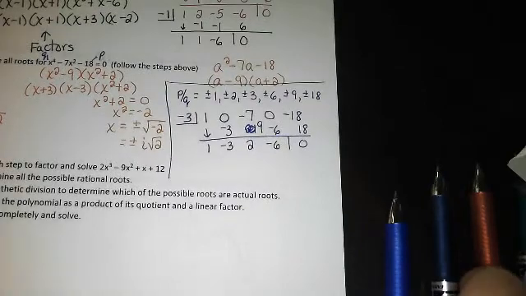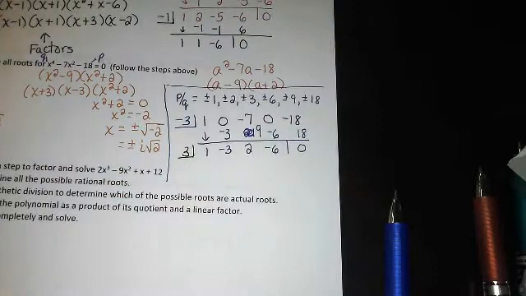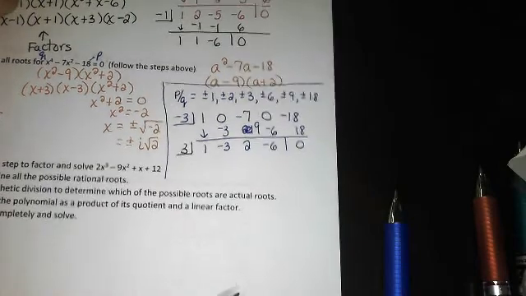And we found out from our calculator that positive 3 was also one of the zeros. So I'm going to divide by positive 3 now. I want to keep getting it down until it's an x squared. Once it's an x squared, I can figure out what to do with it.